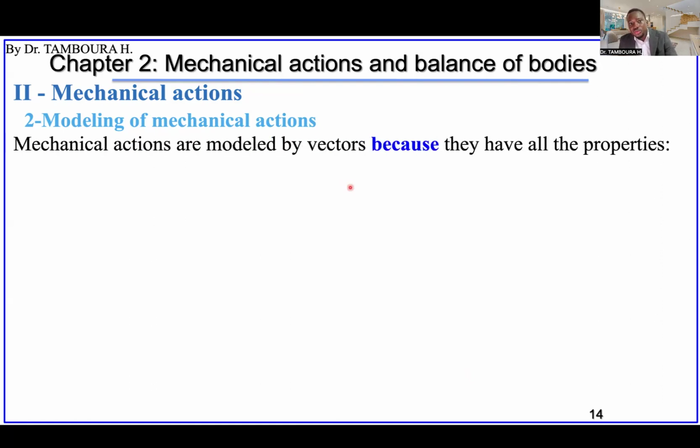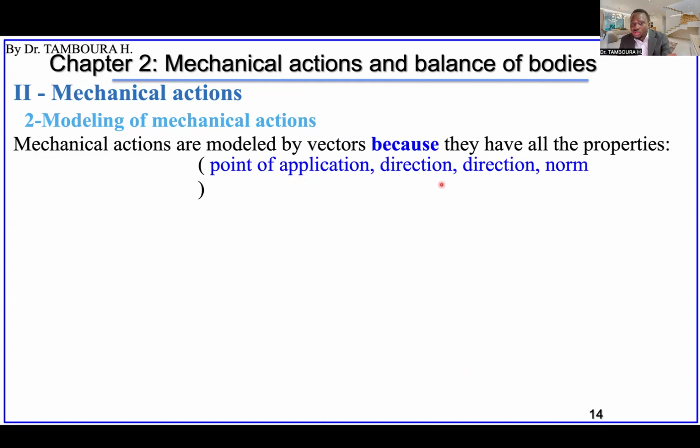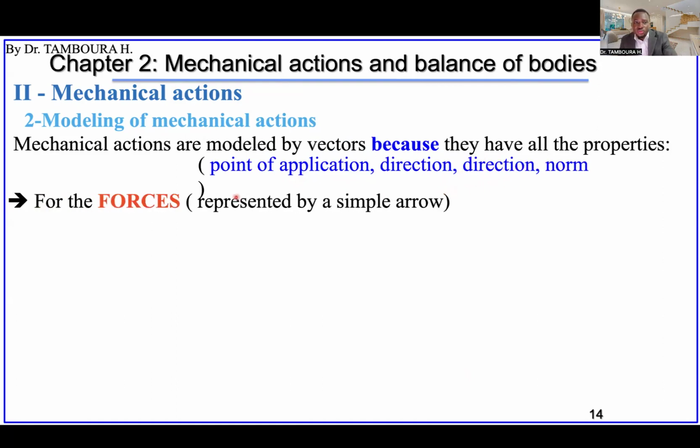So these mechanical actions are modeled by vectors, because they have almost the same properties, okay? Application point, direction, and the norm. So in the case of forces, how do we represent them? We just use a simple arrow, okay?